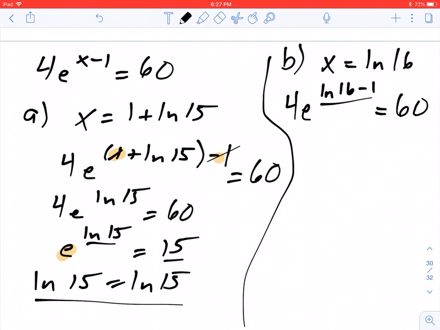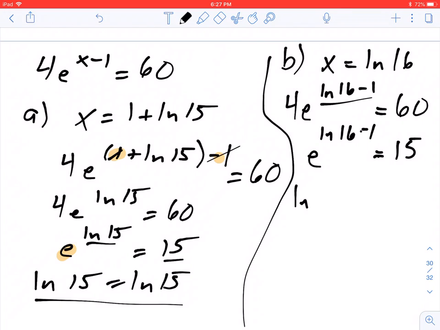What you actually need to do is divide both sides of the equation by 4 first. So you're going to have e to the natural log of 16 minus 1 equals 15. Then once again, we have an exponent, a base and a power. We change it from exponential form to logarithmic form. The base of the power becomes the base of the log, and the other two parts switch places.